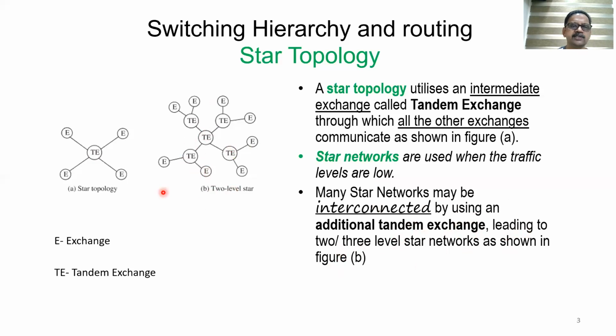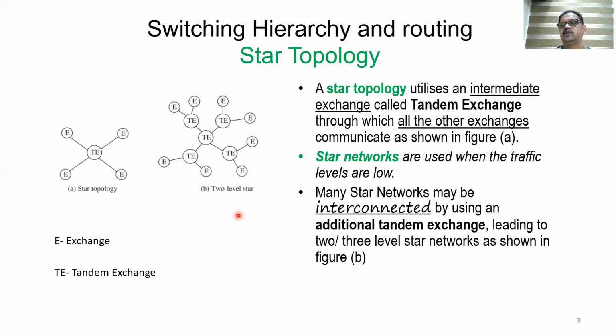Suppose a person from this exchange wants to speak with a person connected to this exchange. So the user from this exchange is first switched to a tandem exchange, let us say tandem exchange 1. Then the call is switched to tandem exchange 2, say, then to the final tandem exchange, tandem exchange 3, and finally he will be connected to the customer, the subscriber or the user of this exchange.